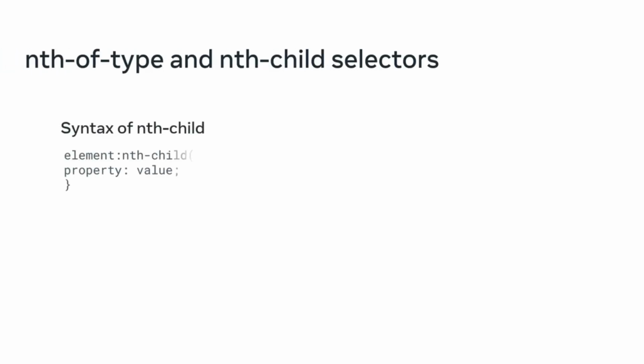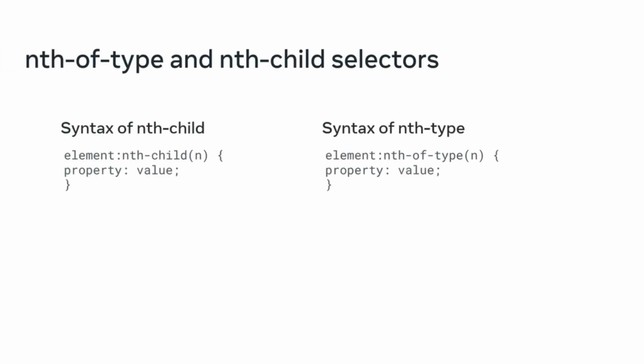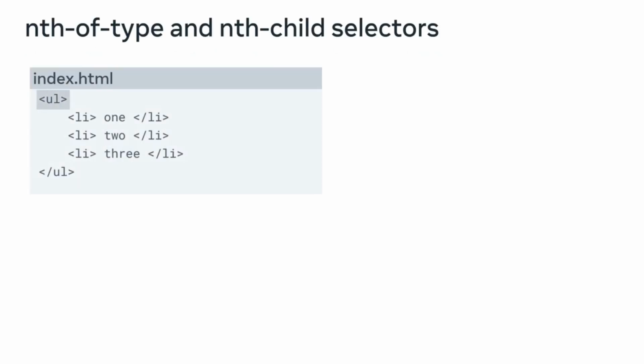But let's move on to 2 other widely used selectors that you need to know about: nth of type and nth child selectors. The syntax of these 2 selectors is very similar. As their names suggest, these selectors target the nth child or nth type of a specified parent element. But what does parent mean exactly? Well, say you have a few list elements in an unordered list element.